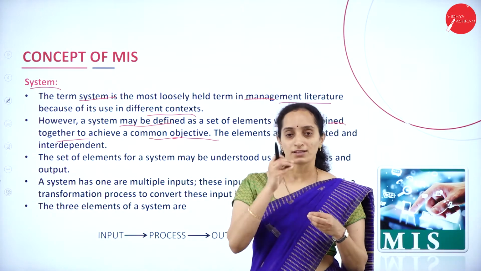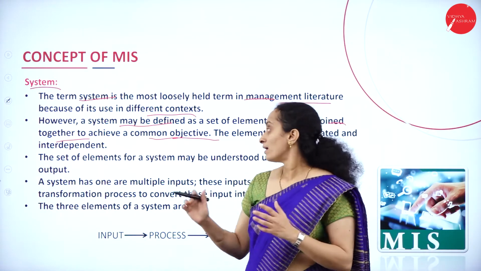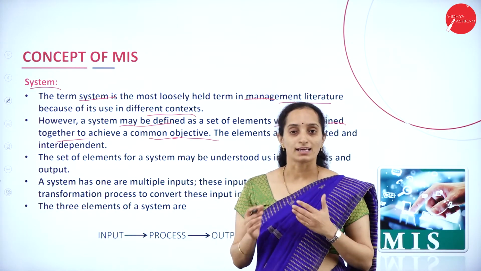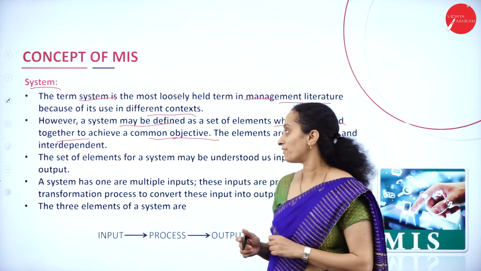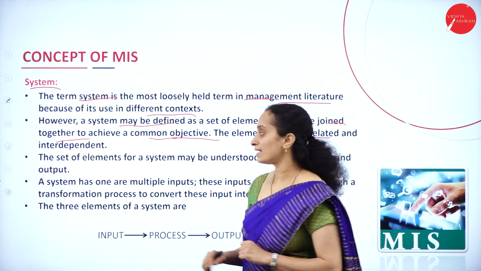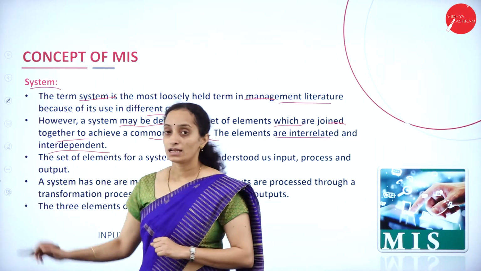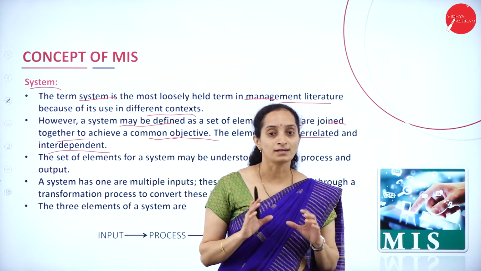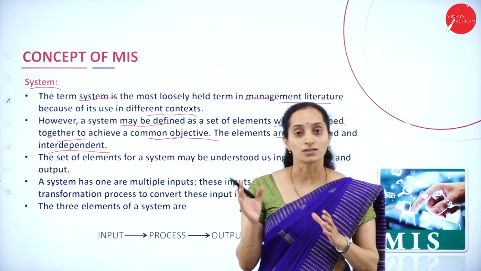It is the common objective of the entire system. So you have a set of elements, and these elements are interrelated and interdependent. They can't survive or work without the other.